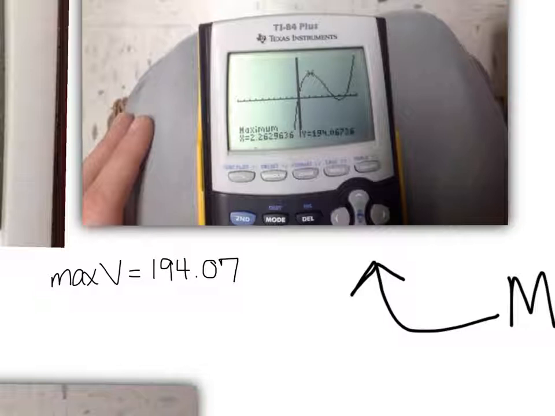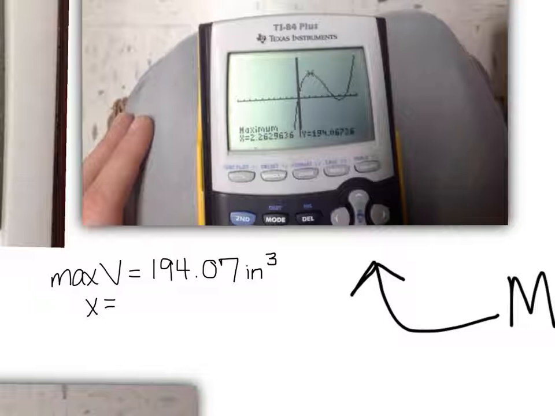The units the picture up there gave us were inches. So what would our units for our volume be? Inches cubed, because volume is three-dimensional. Way to go.